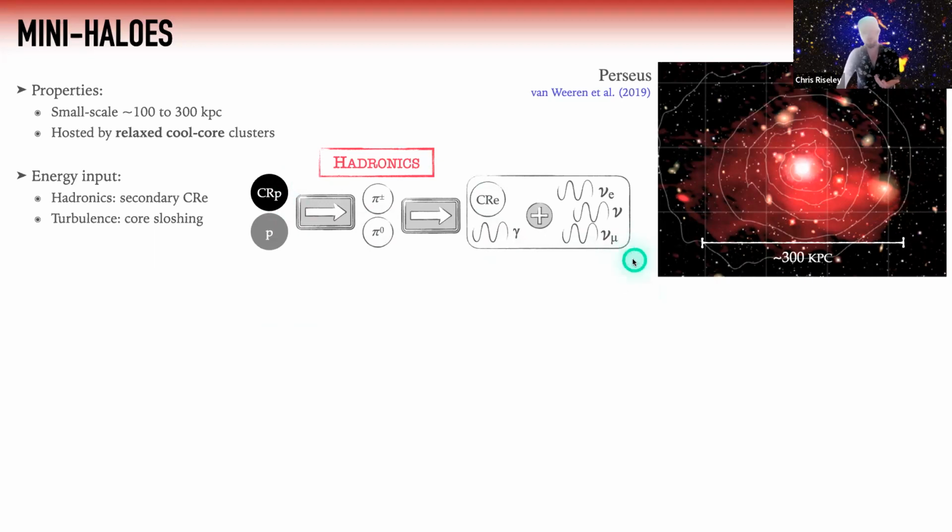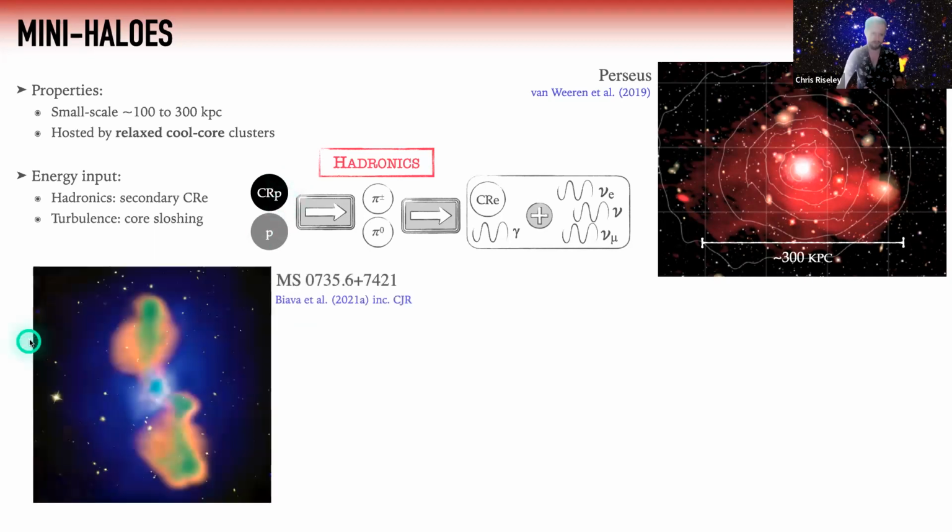How do we get these relativistic protons in clusters? Well, the answer is in the case of cool core clusters, relaxed clusters, is injection by active galactic nuclei. These massive particle accelerators that accelerate protons and other particles up to relativistic energies.